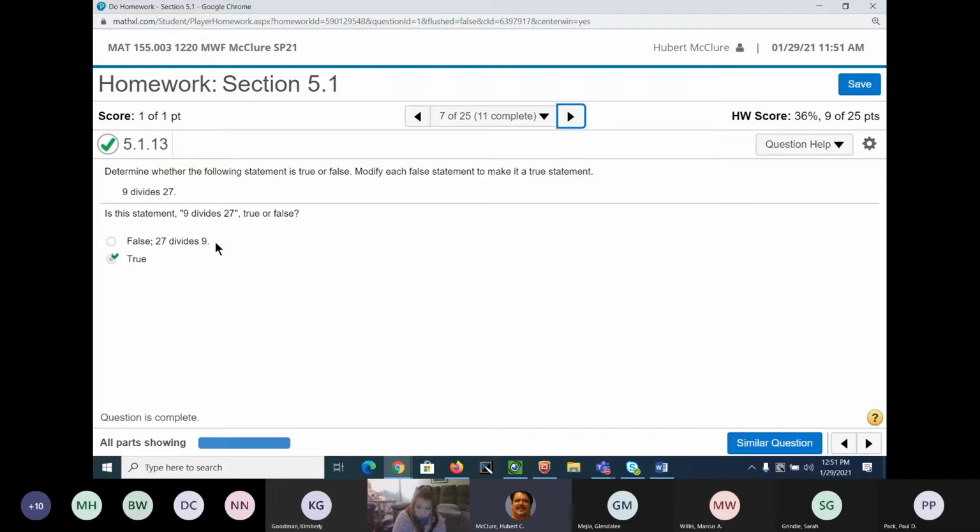If you put the word into right there, you will not miss this problem. But some students can screw up the way this is written. I'd just put an into right here and rewrite it. 9 divides into 27. True or false? True.